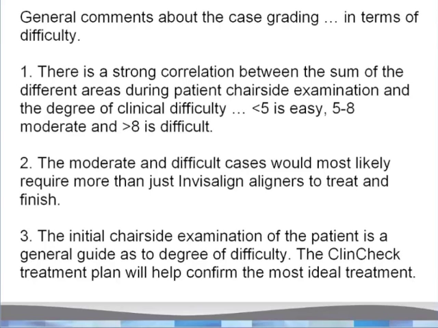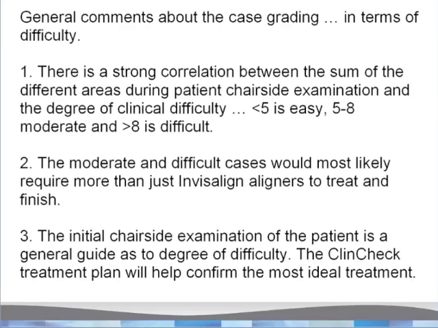And what that's going to do is it's going to give you an idea of how to go in and fill out your prescription form. It's going to give you an idea of the difficulty of the case. And it doesn't mean that those cases that appear to be difficult by having a larger number of clinical problems may just mean that you take a different approach. The approach that you take may be the best approach for that patient.